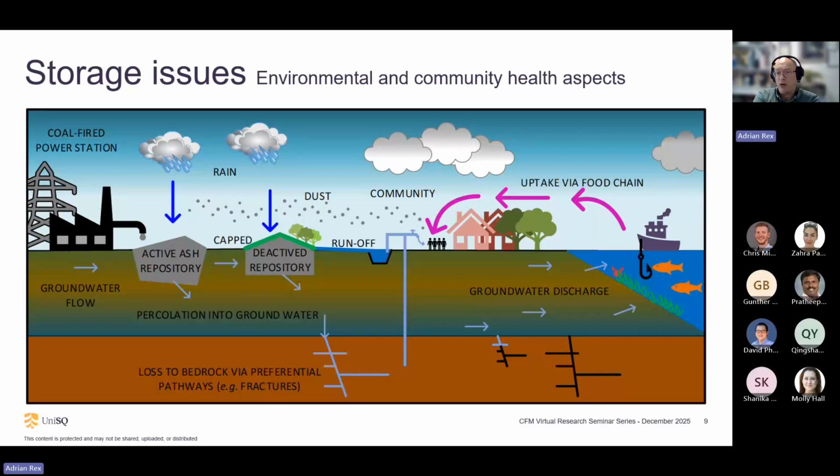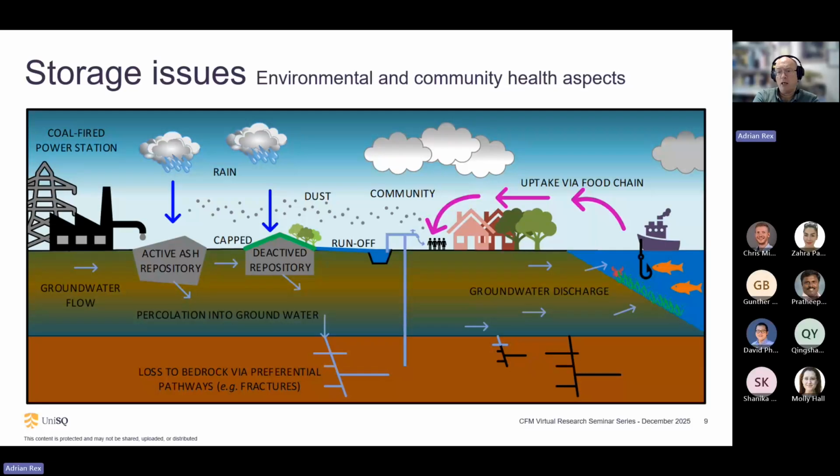The fly ash, well, all these ashes are less than 100 micron. They're respirable dust, high crystalline silica, which rings alarm bells. And of course, you're getting stormwater, you're getting rain.